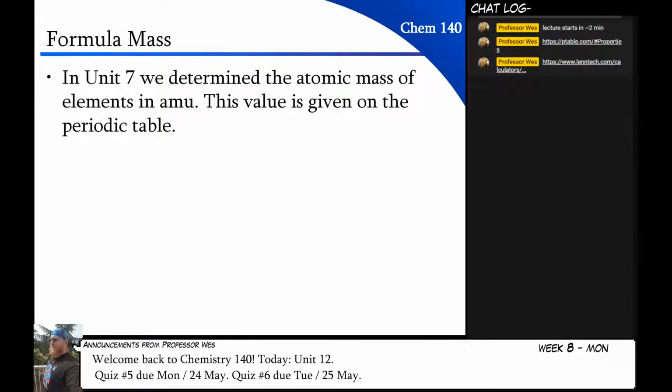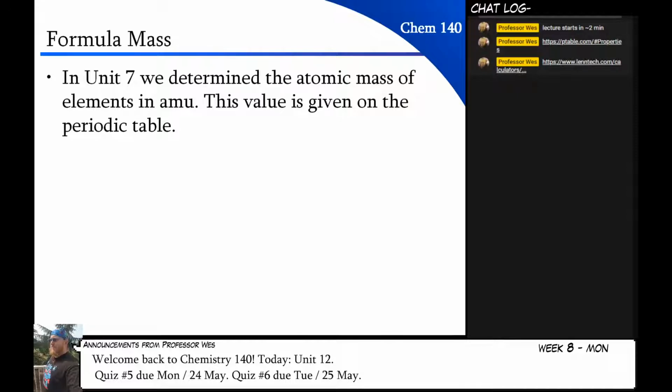All right, so for this first section, we learned how to calculate the atomic mass of elements in AMU. We did this long, drawn-out calculation doing weighted averages to get the average mass, which is the number reported on the periodic table that we use. Now, in units 12 and beyond, we're going to want to do this process for formulas. As in, what would water's atomic mass be?